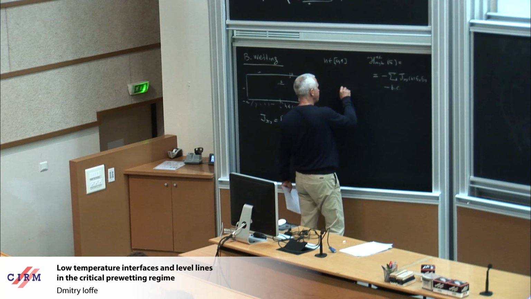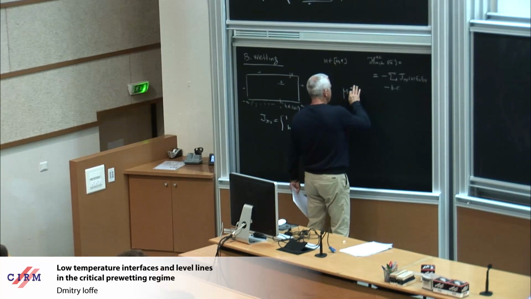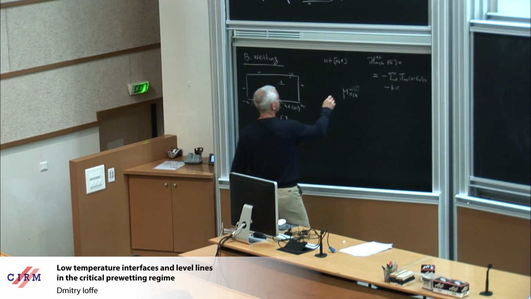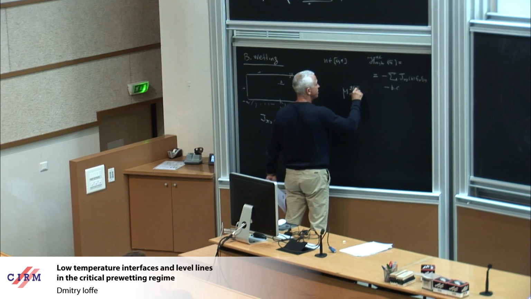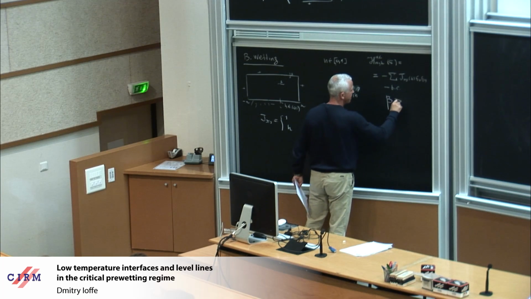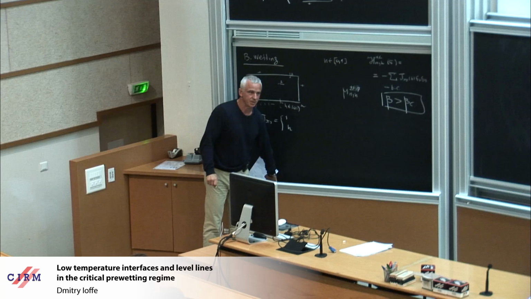One can construct probability measures μ_N^{h,±} and again, beta, plus minus beta. And I'm taking always beta larger than beta critical, so there are two phases. There's surface tension, and ask what happens.